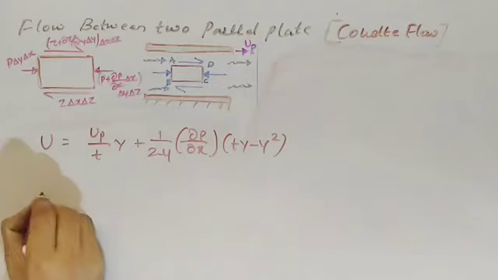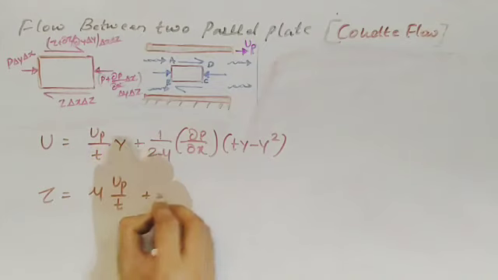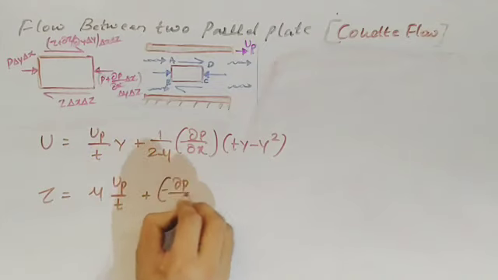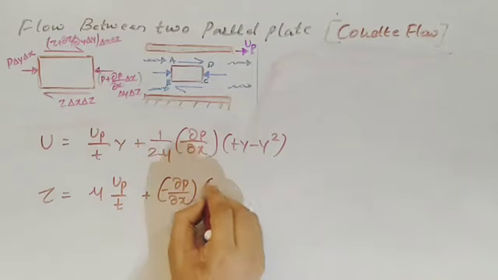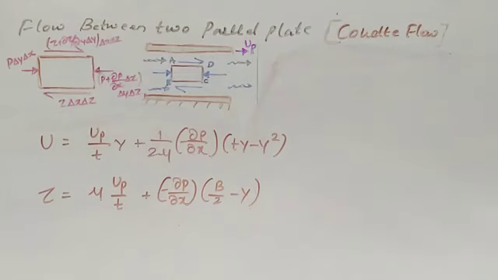And the shear stress equation we have identified, that is tau equals mu u_p divided by t plus minus dou p by dou x into t by 2 minus y. This is the shear stress equation. Next, we have identified the distance at which the shear stress will be 0.